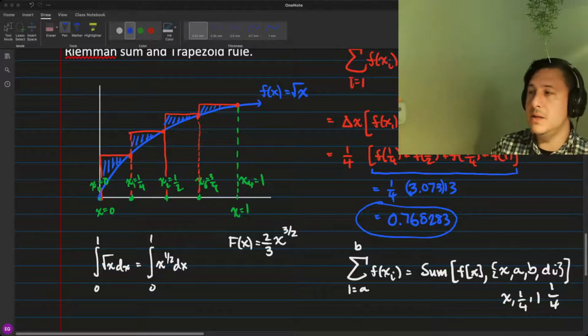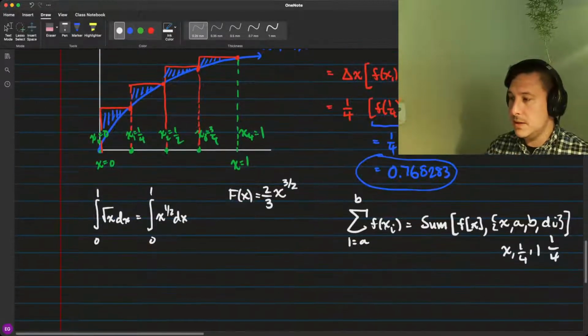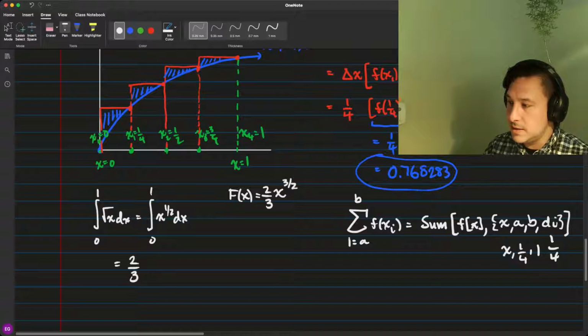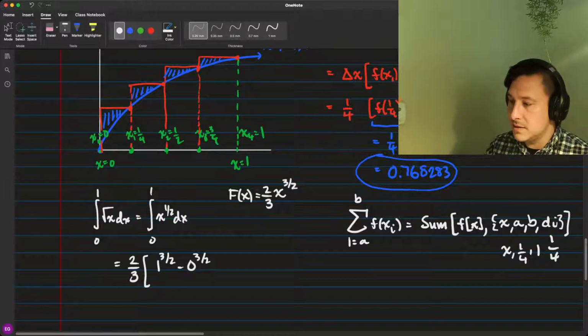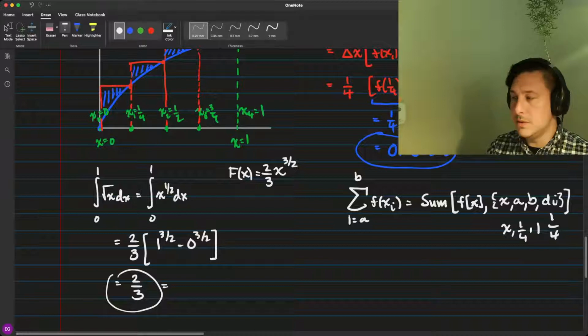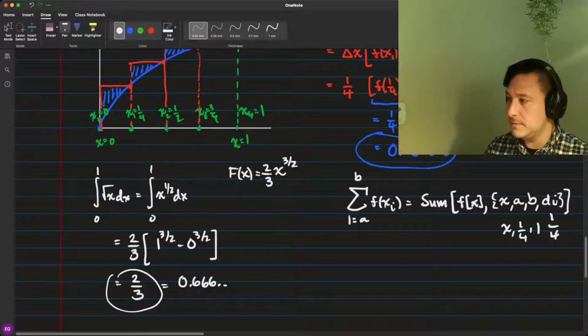Okay, so now what we're going to do is compare that to the actual answer. So we're going to get 2/3 of 1 to the 3/2 minus 0 to the 3/2. 1 to the 3/2 is just 1, so the actual area is 0.666 repeating.